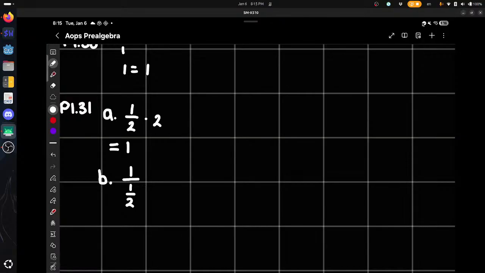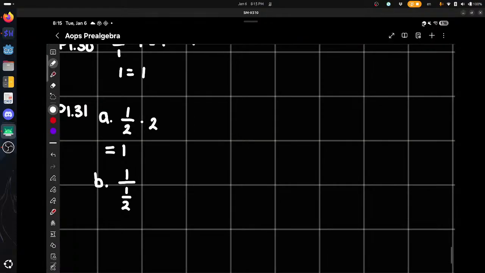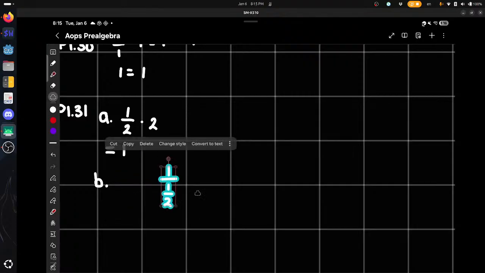Okay. What if we took this number, put a blank here times, and says, okay, we have to get 1. How would we do that? Like, what needs to go here so that we can get 1?